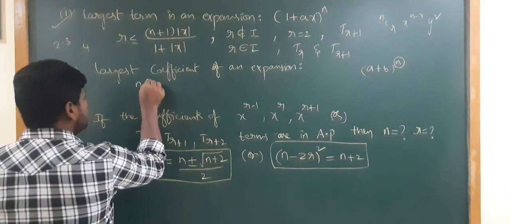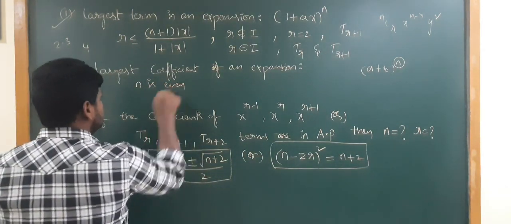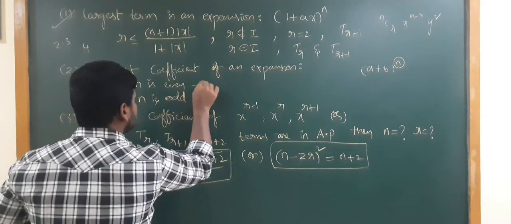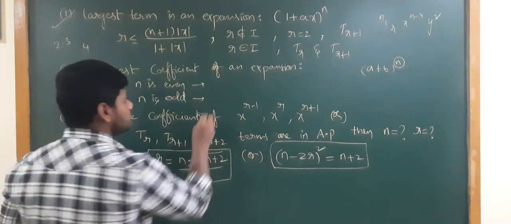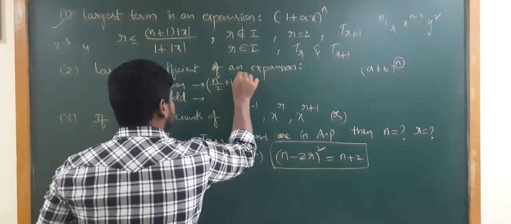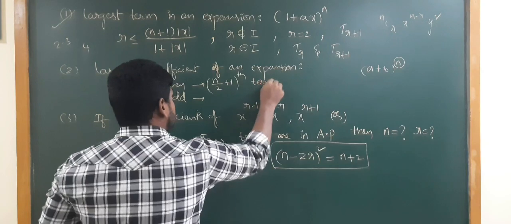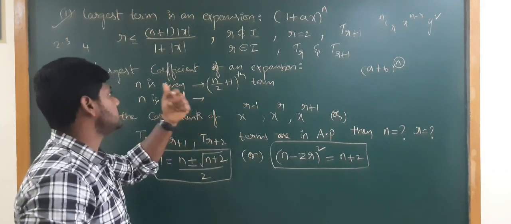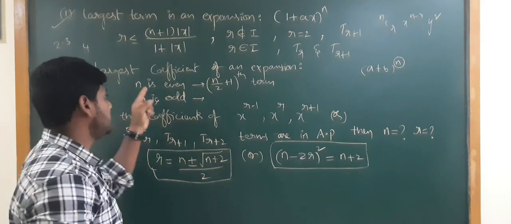If n is even and if n is odd, two cases we will have. If n is even, the n by 2 plus 1 term. In this term, what will be the coefficient? That we will consider as the largest coefficient if n is even.